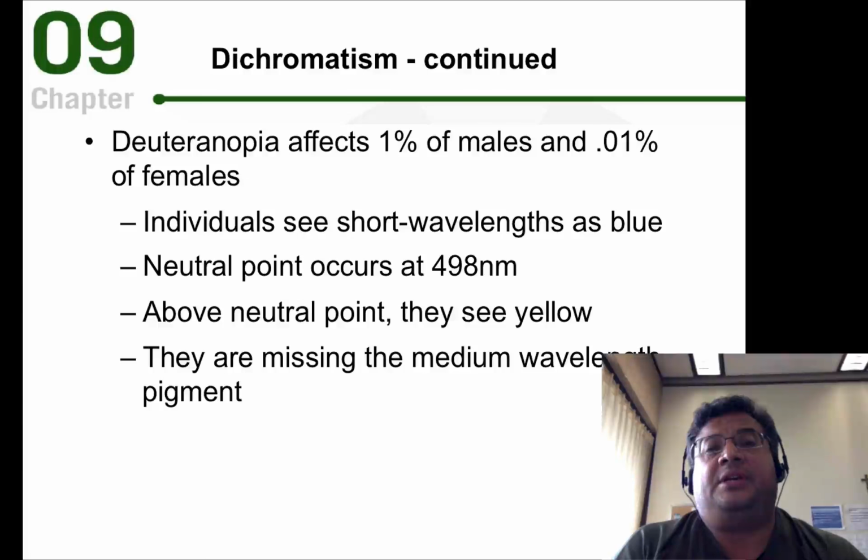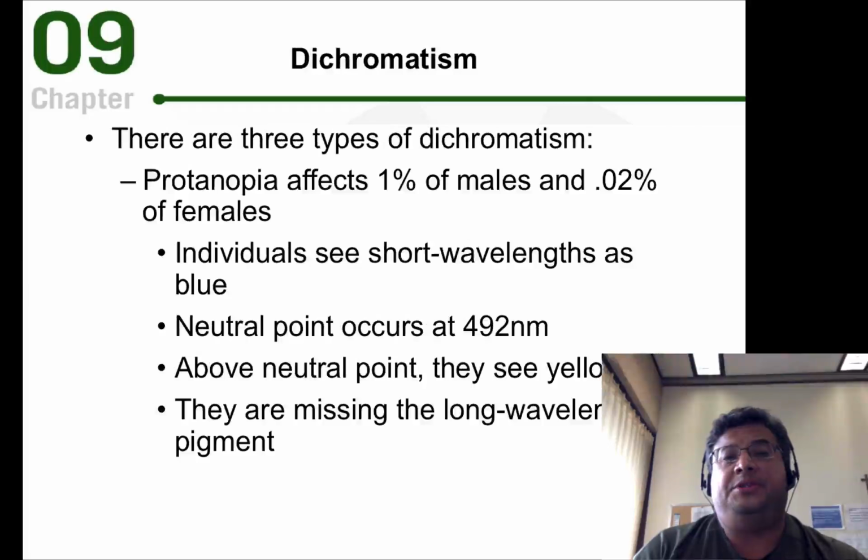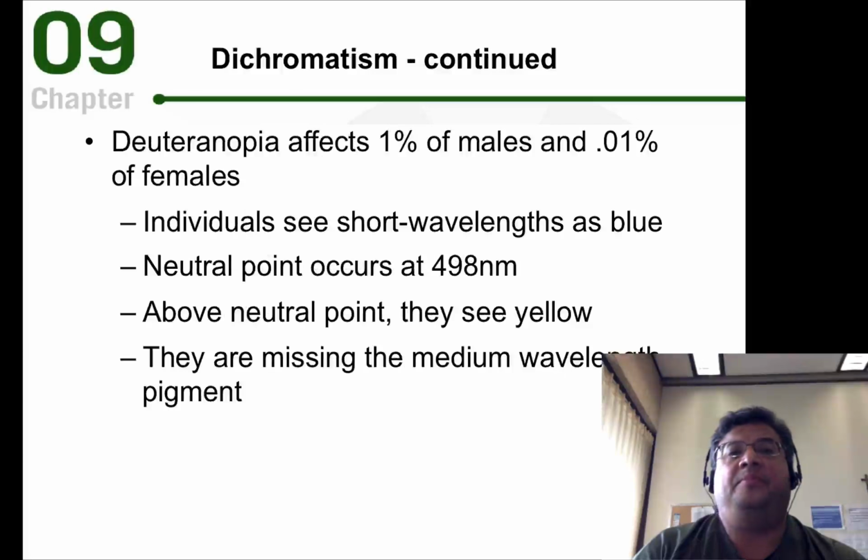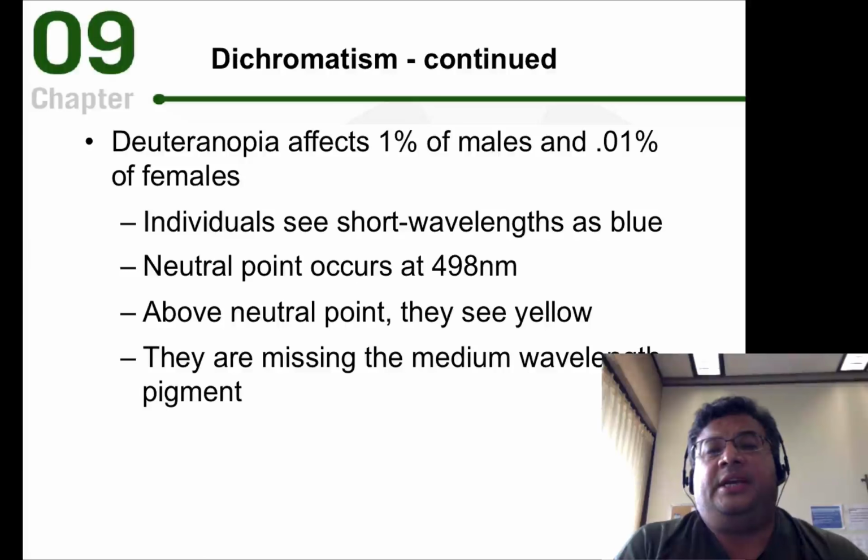Deuteranopia also affects about 1% of males. Once again, they're able to see blue, right? They can see the short wavelengths of blue. Above a neutral point of about 498 nanometers, which is right around the same as with the Protanopia type, they see yellow, right? But what they're missing is the medium wavelength pigments.